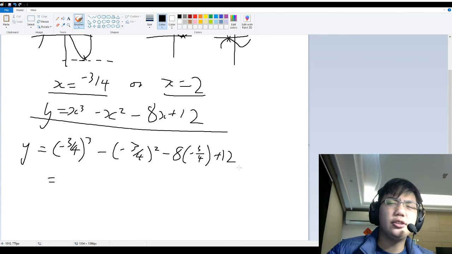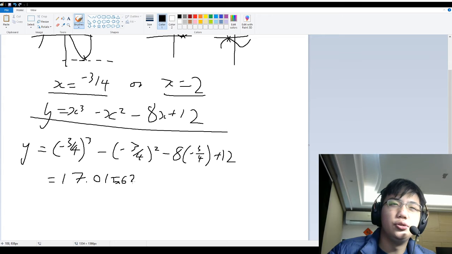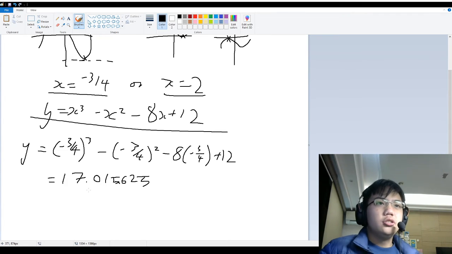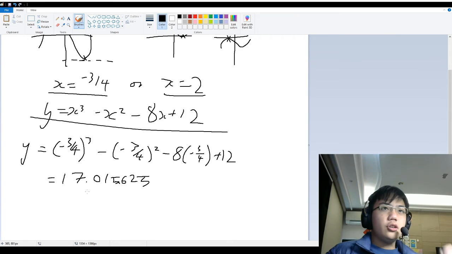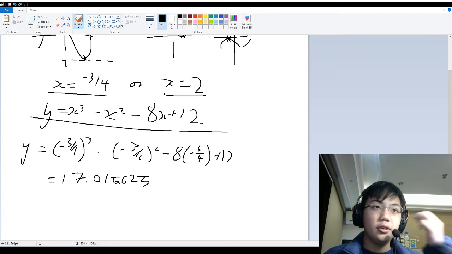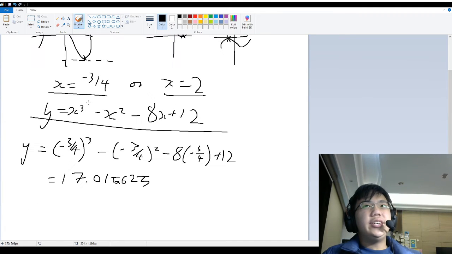So this gives you 17.01562 and so on. So at the point x equals -3/4, the tangent is not the x-axis.